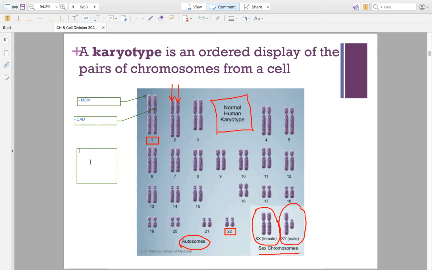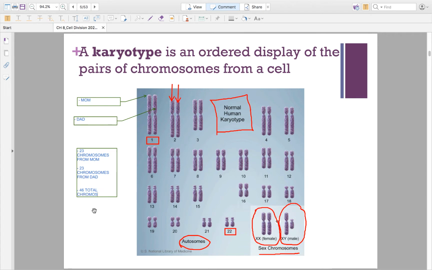When you're born, when you're made, you get 23 chromosomes from mom, and you get 23 chromosomes from your dad, giving us a total of 46 chromosomes.